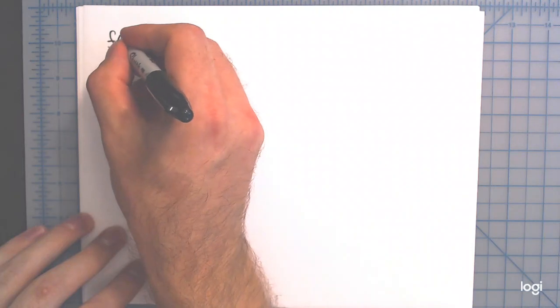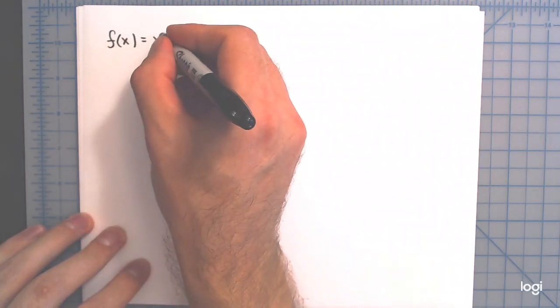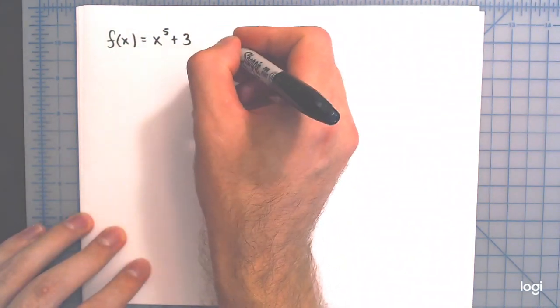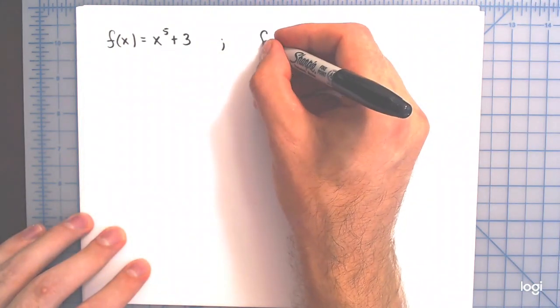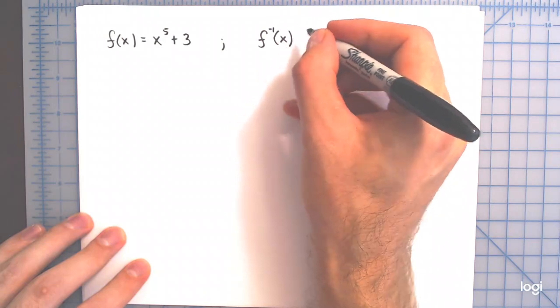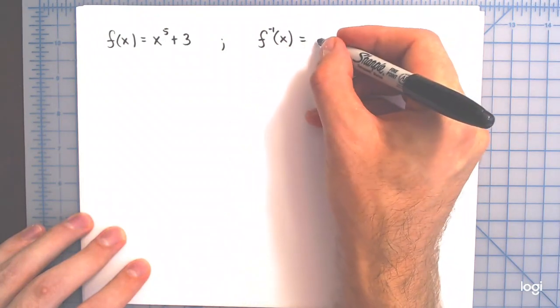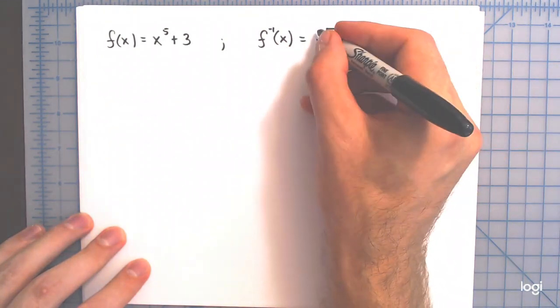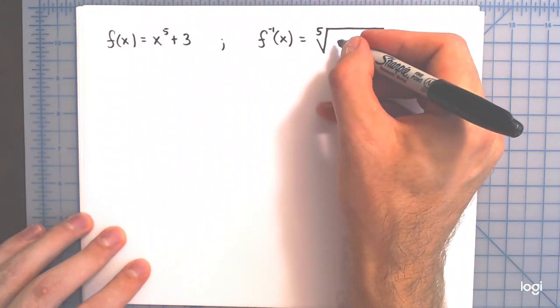Like the last one, I'll write both of them up. Our original function was x to the fifth plus 3, and then what I believe is the inverse was the fifth root of x minus 3.